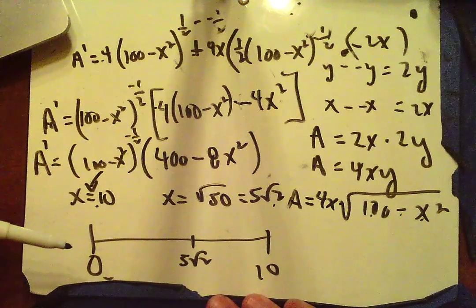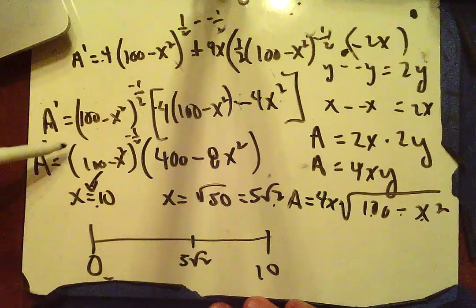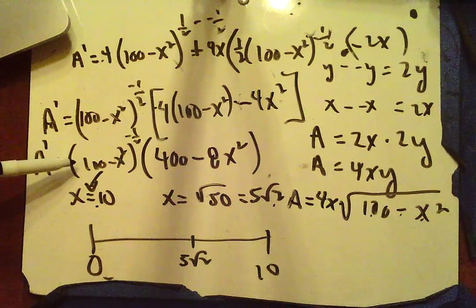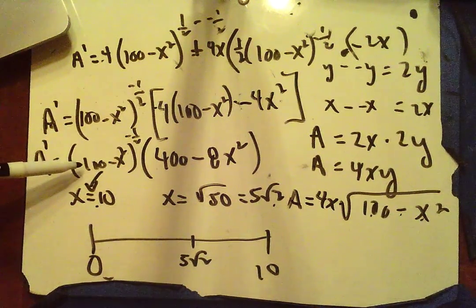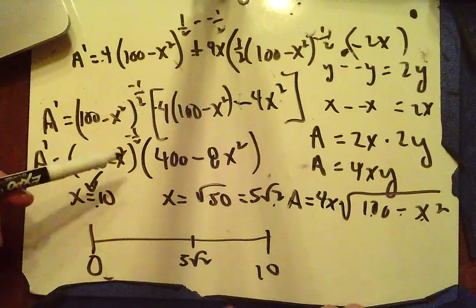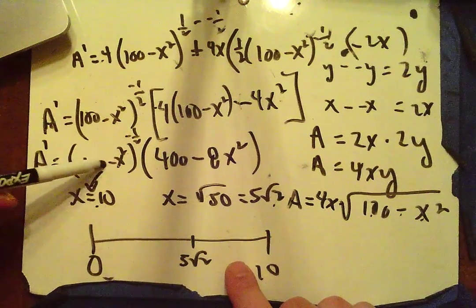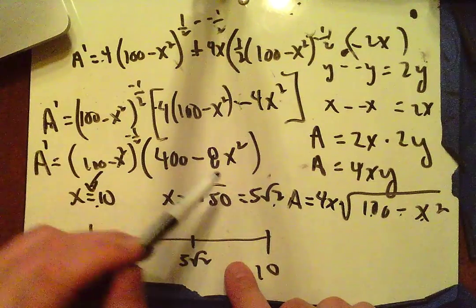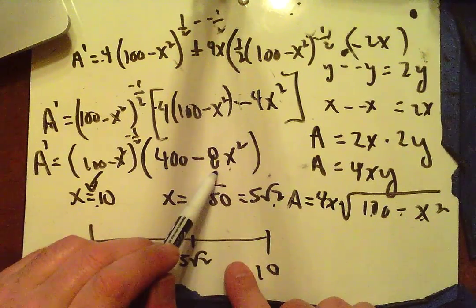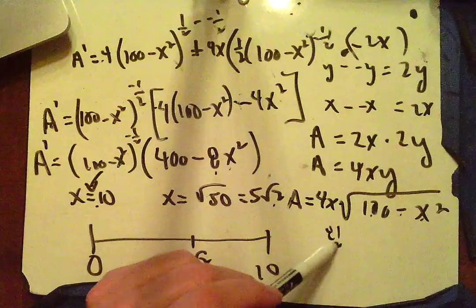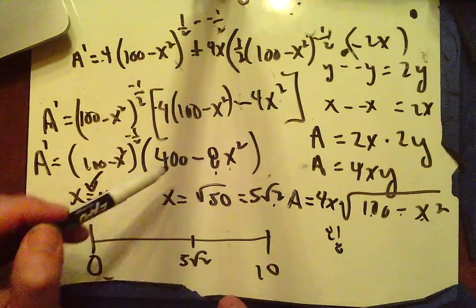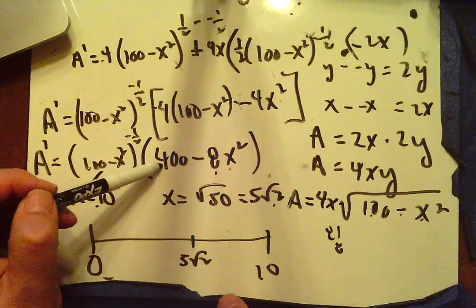So here are my values, and I want to try them out in y prime. If I plug in a 9, so 81, 100 minus 81, that's positive. 81 times 8 is going to be 648. That's definitely bigger than 400.